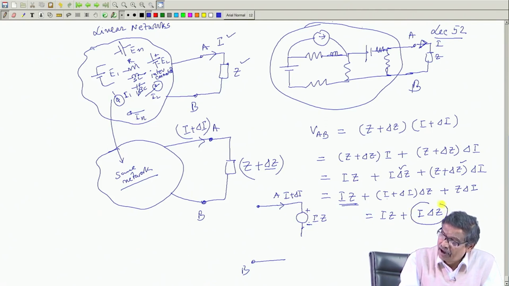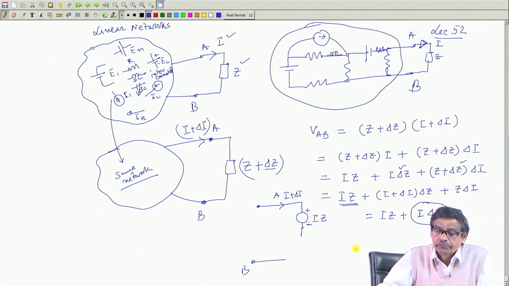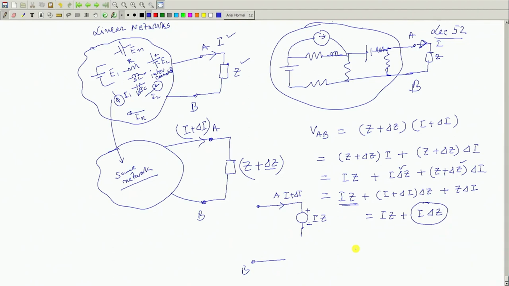Achha, about this term I into delta z, it is also known, because I was the original current when z was connected, it was given to me, and delta z, the amount by which z has been changed, is also known to me. So, this is known. Therefore, I z and all these remaining terms, I can write as another voltage source I into delta z, plus another term.